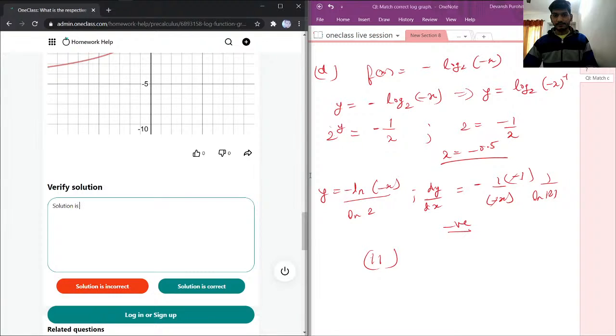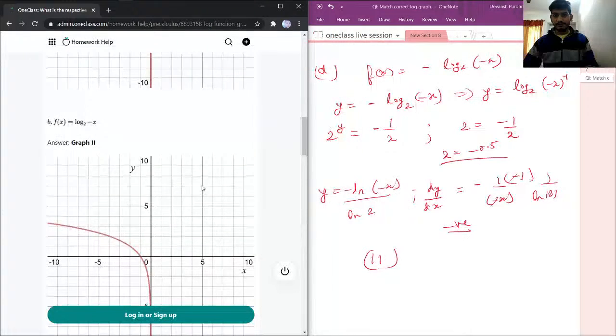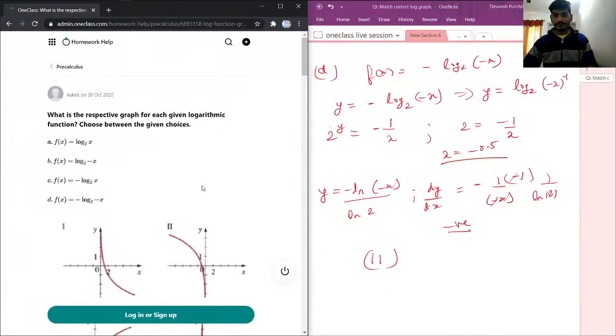Solution is incorrect because for B, it will be graph number 4. Graph number 4 has, I think, a positive slope.